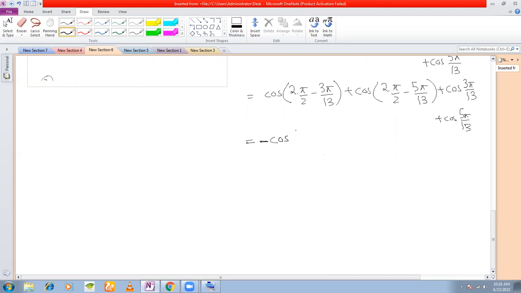We'll give a negative sign, cos 3 pi by 13. Again, second one, even multiple. So cos will remain a cos. Second quadrant, again a negative sign, cos 5 pi by 13. And the last two you write as it is, cos 3 pi by 13 plus cos 5 pi by 13. So all will cancel. Get 0. Is equal to right hand side. Okay, no problem.